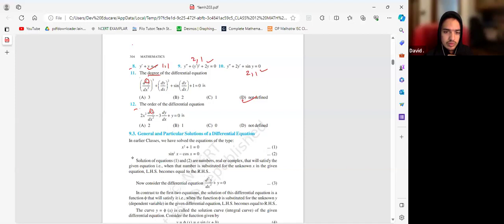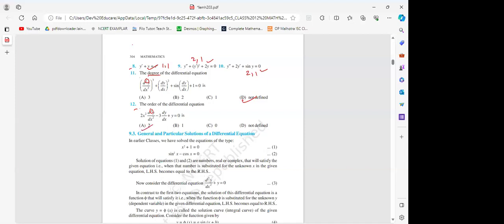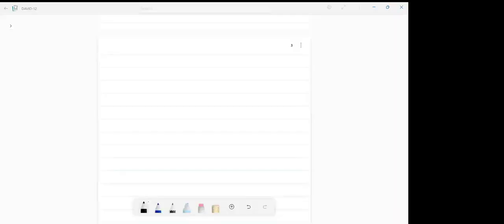So we completed the first exercise. Now in exercise 9.2, we have: in each of the exercises 1 to 10, verify that the given function is a solution of the corresponding differential equation.